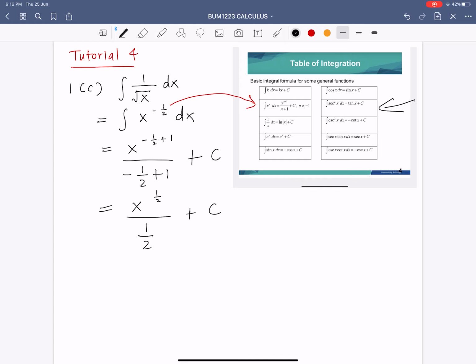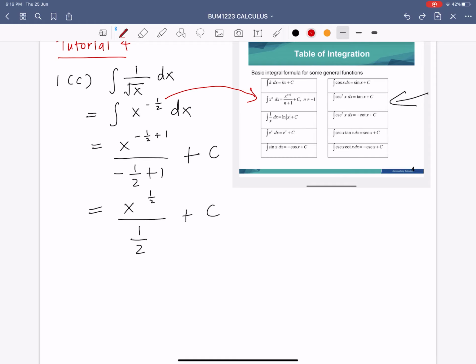And remember, in your final answer, you shouldn't have a fraction in a fraction. So we will rewrite this term.